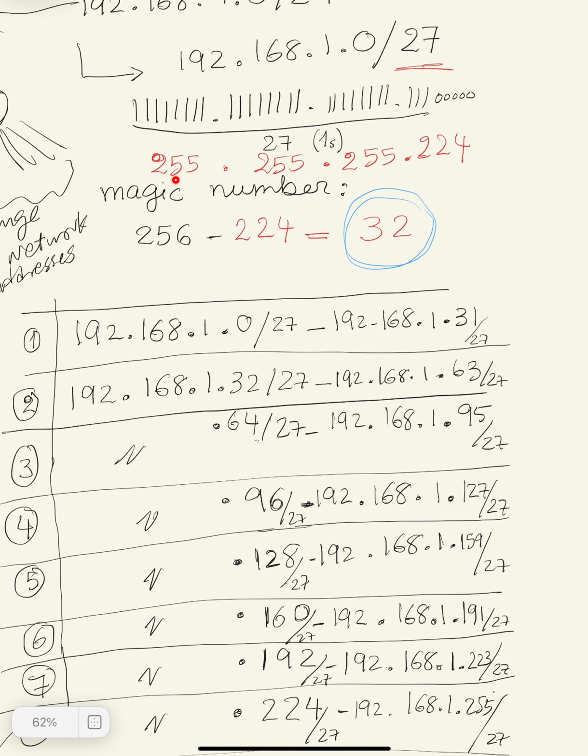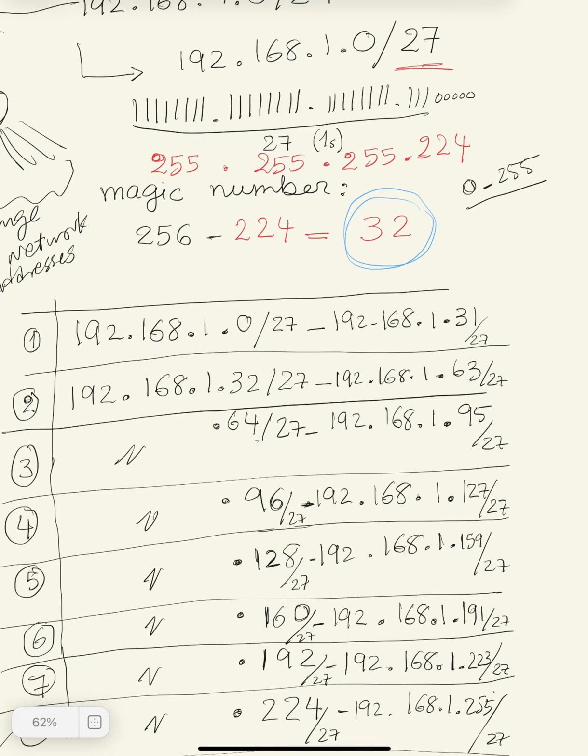For that, there is an easy way without you converting the numbers into decimal, into binary, and that is by calculating the magic number. The magic number is always calculated by taking away the bits that you have borrowed, which in my case is 224, taking it away from 256. As you know, each octet of an IP address is a number from 0 to 255.